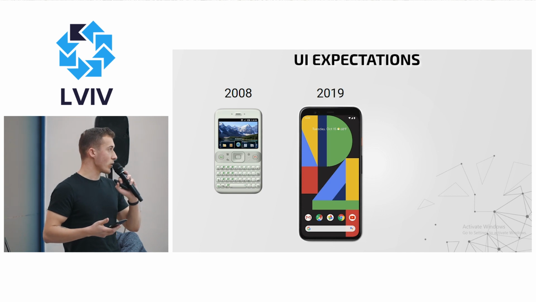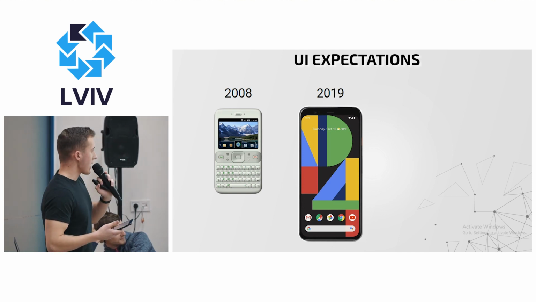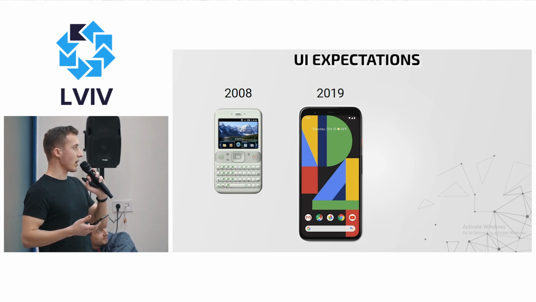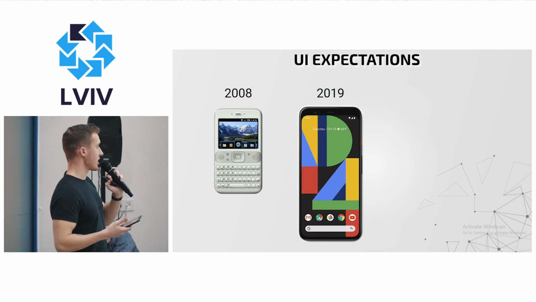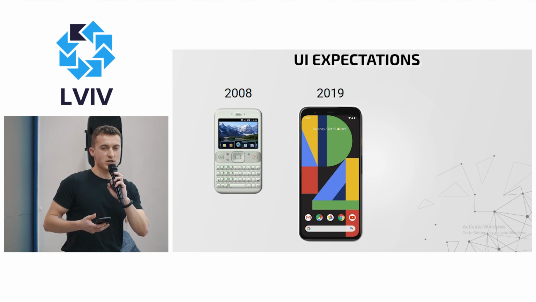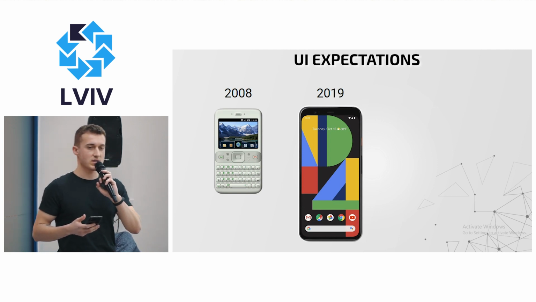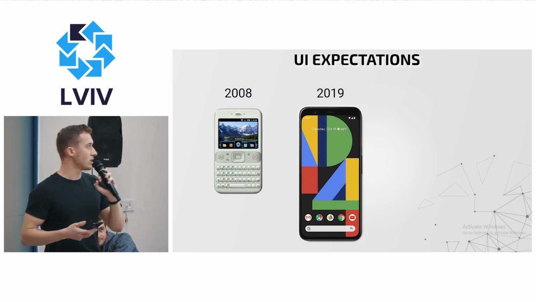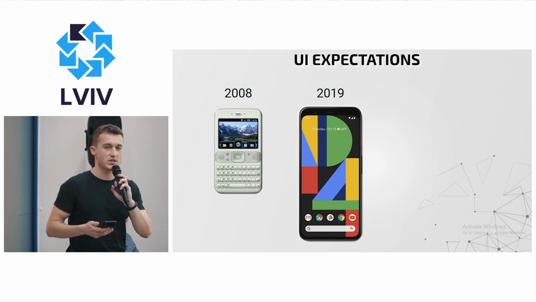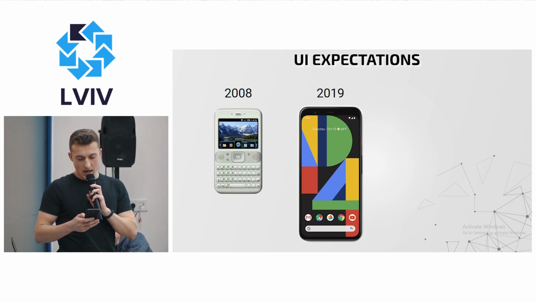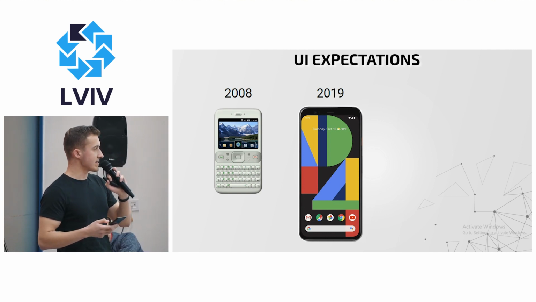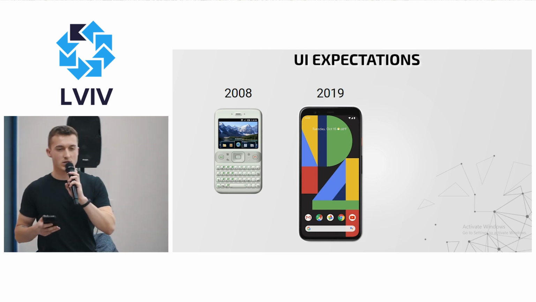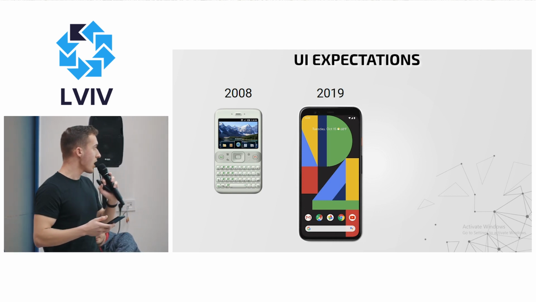But today we have much different devices. We have larger devices, big touchable screens, and users want some motions, some animations. Users want to see beautiful things, beautiful design, and that's all we build today using the same technologies they used 10 years ago.